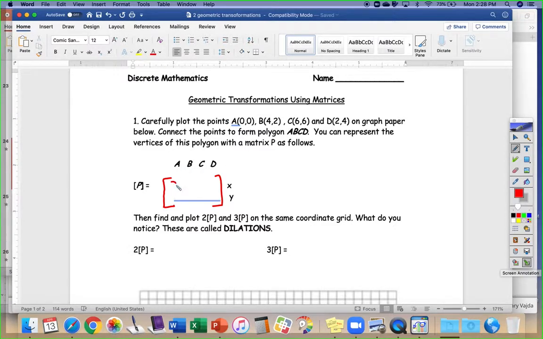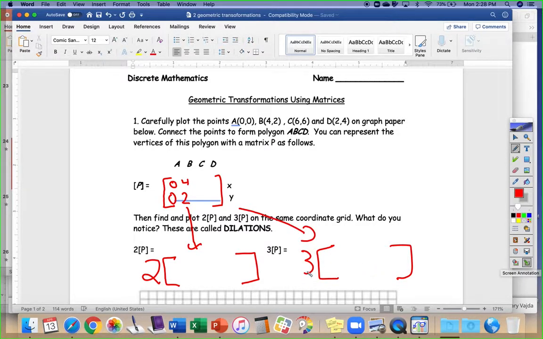Remember, A will be 0, 0, and B will be 4, 2. And then you will figure out how to put C and D in there. And then you will take this matrix and multiply the entire matrix by 2, and then over here the entire matrix by 3.